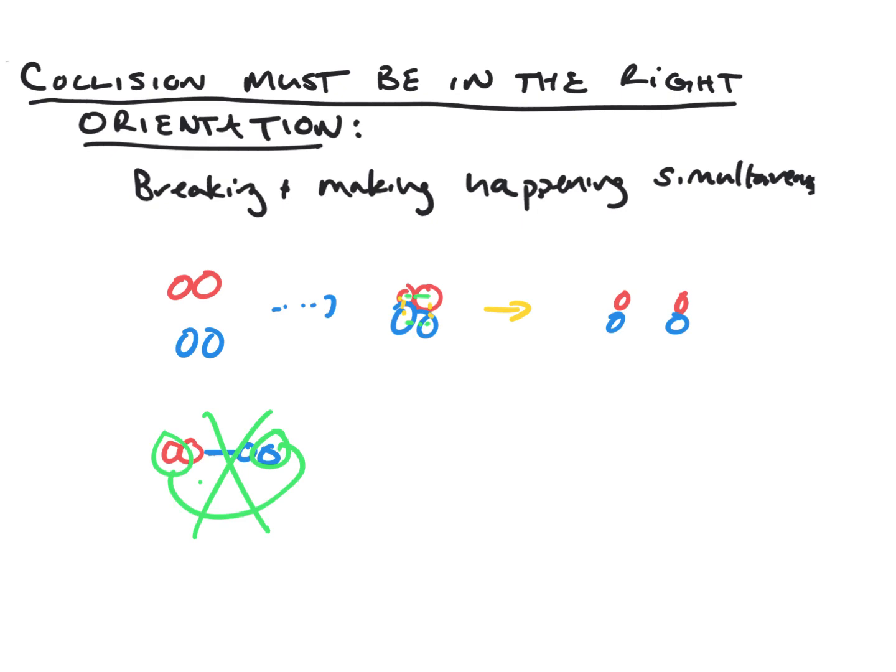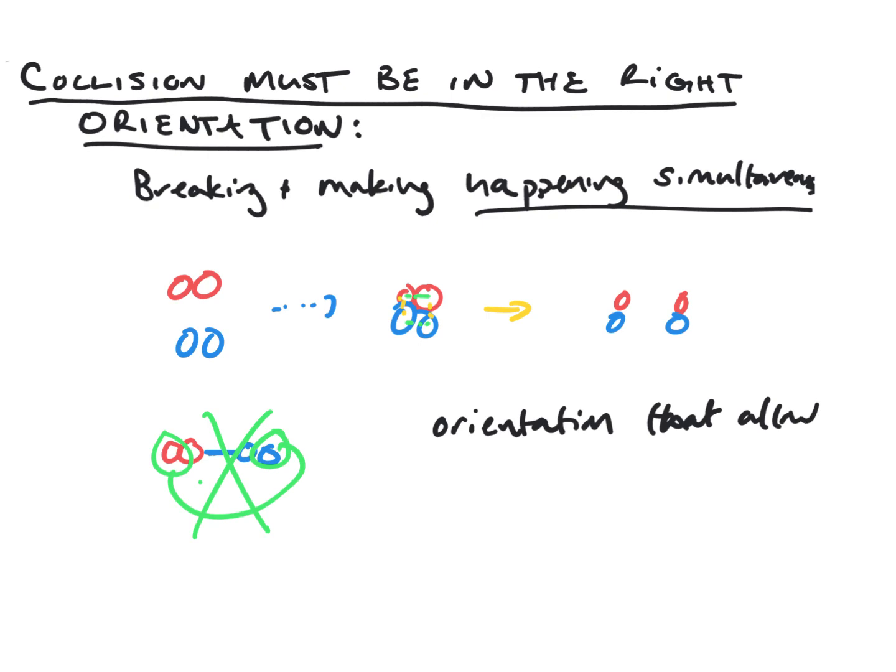So the collision has to be in the right orientation to allow bonds to break and form. Because these are happening simultaneously, the collision has to be in the orientation that allows the bonds to break and make.